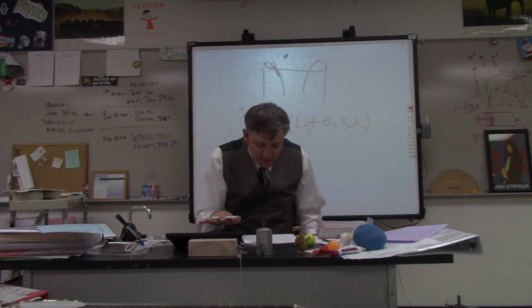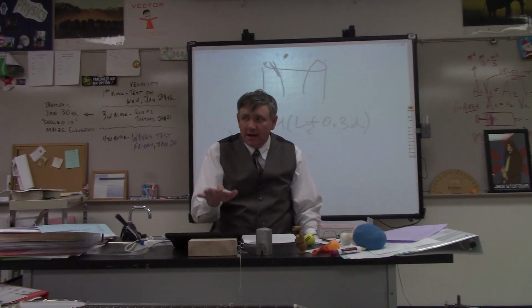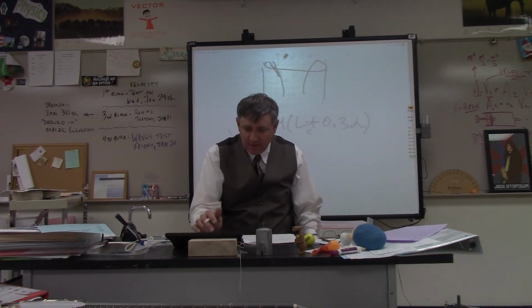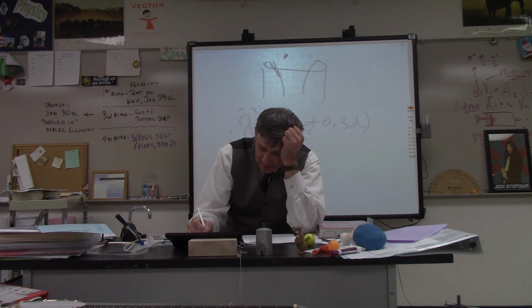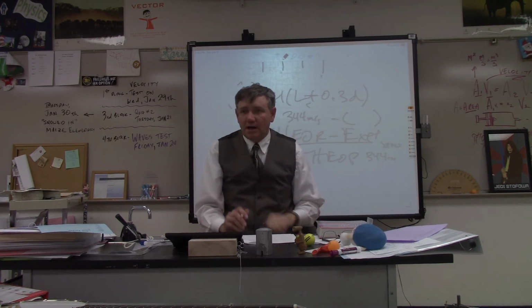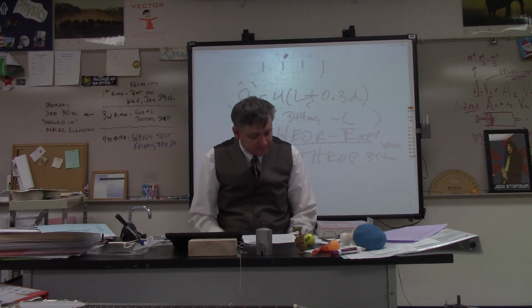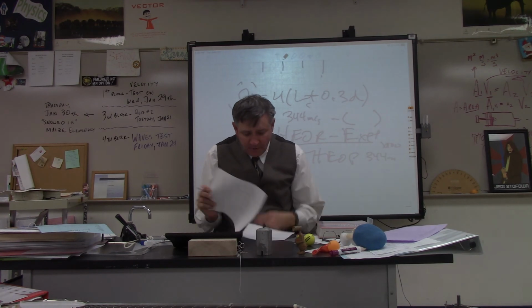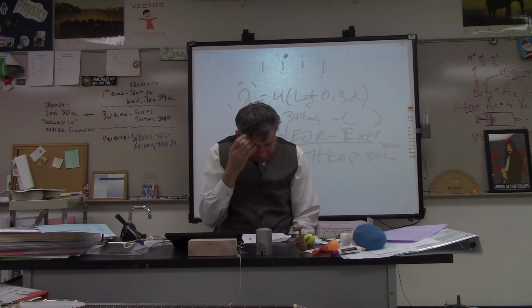Remember, that's theoretical minus experimental, divided by theoretical. So in this situation, we should get 344. So you're going to take 344 meters per second minus whatever you get, divided by 346, times 100. Yes. Okay?